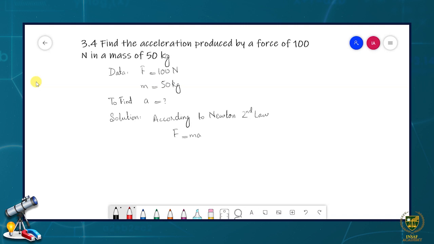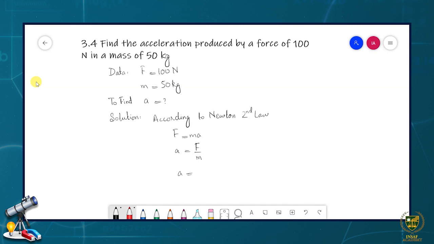As we have to find acceleration, m is multiplied with a, so it will be divided on the other side. So the acceleration formula becomes a is equal to F over m. Clear? Now we just have to put the values in it.